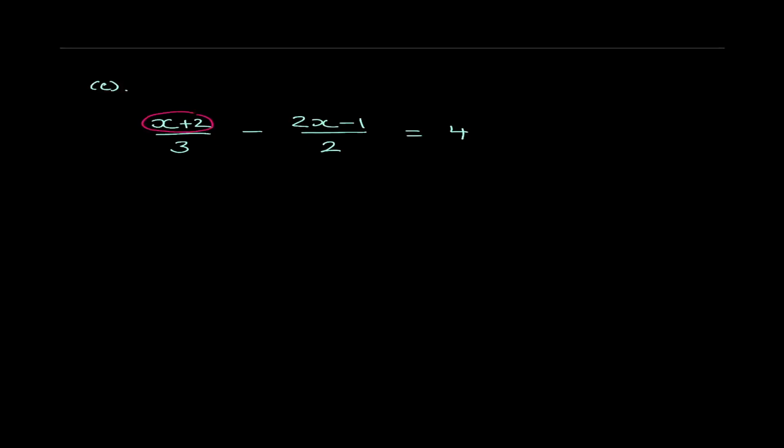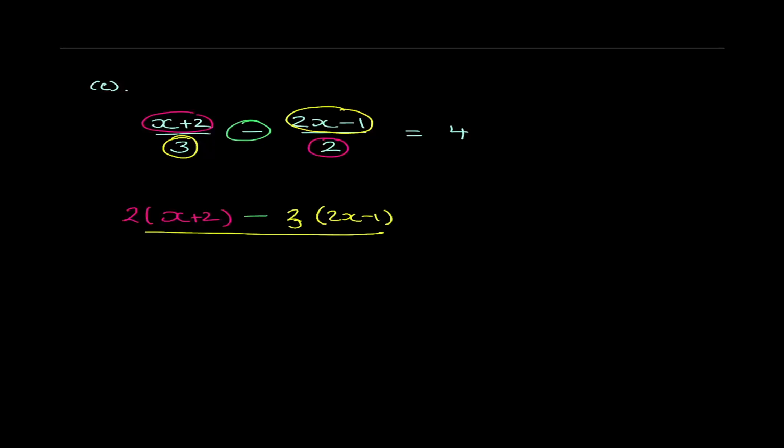So step one is going to be that times that. So we have 2 brackets x plus 2, and then we have our take, and then we're going to do that times that. So take 3 brackets 2x take 1, and on my denominator it's those two, which is 6, and that equals 4.